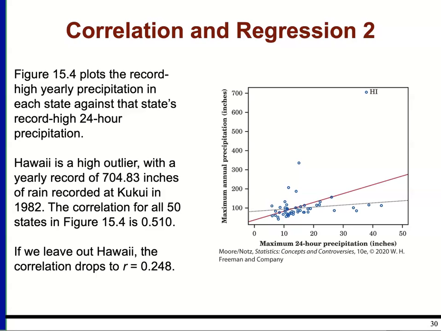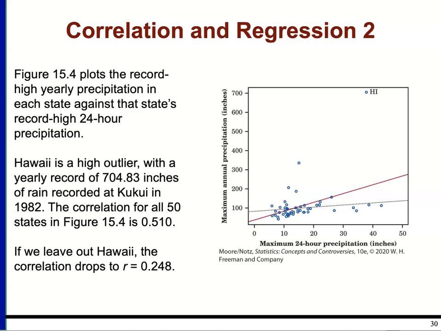To think, is there a relationship between what you see in one day versus what you would see for 1 year? It's interesting to see what happens when we have Hawaii in our data set. Now, Hawaii being an island, has an awful lot of precipitation. They've had a lot of precipitation in a single day, and they get a lot of precipitation throughout the year. So Hawaii is this high outlier.